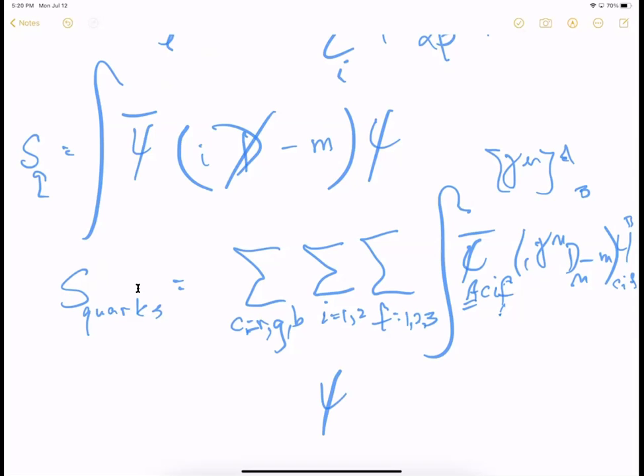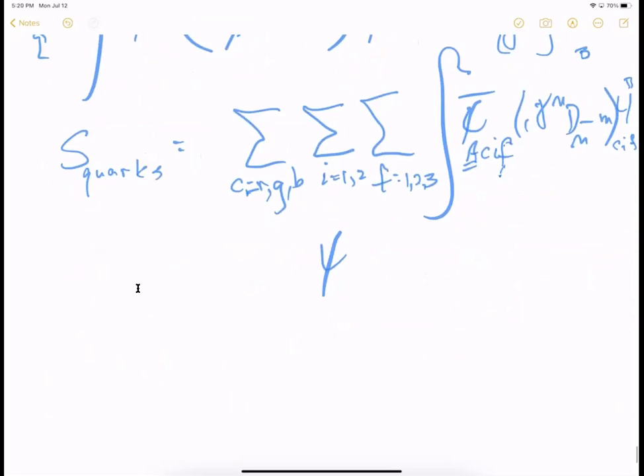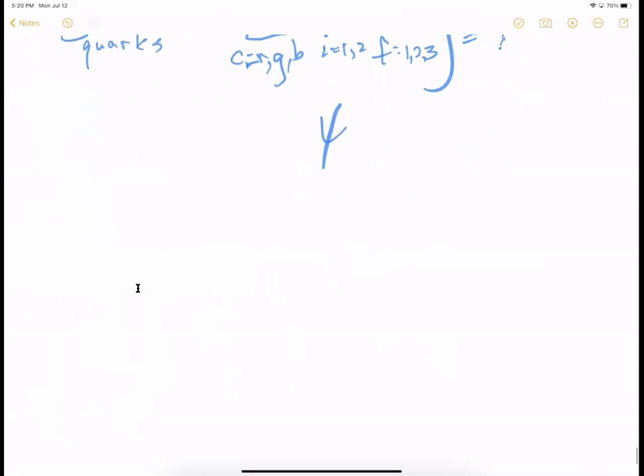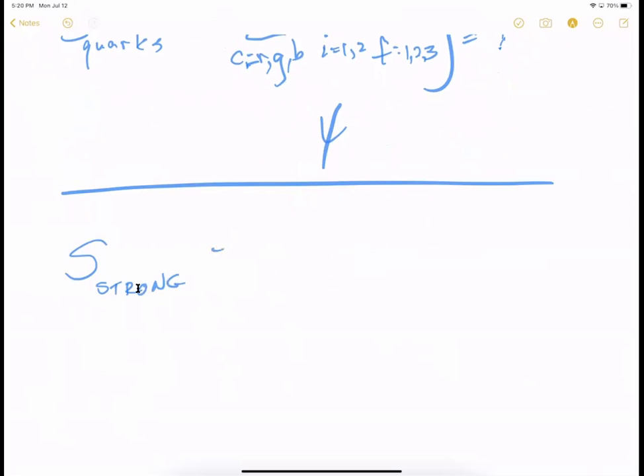Okay, so there are some problems with this picture. We can write a candidate action here. If we just write the strong Lagrangian, we might have a sum over the different gluon fields like this.